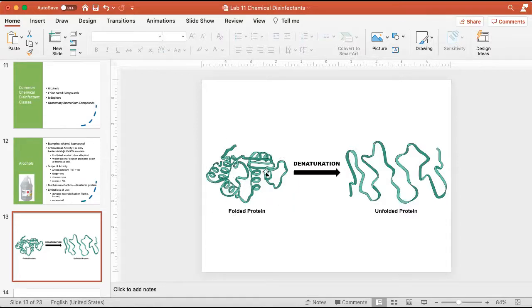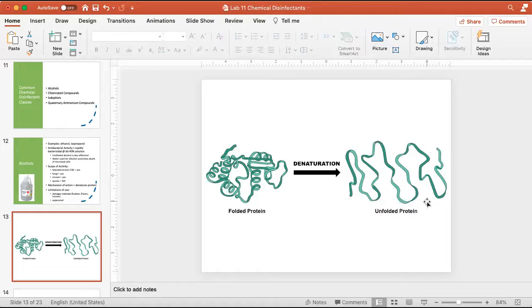And the function is completely dependent upon that structure. If you change the structure, you're going to change the function. So by unfolding that protein, you've destroyed its ability to do its job. All the amino acids are still there. They're all still attached to each other in a long chain, but the folds are gone.